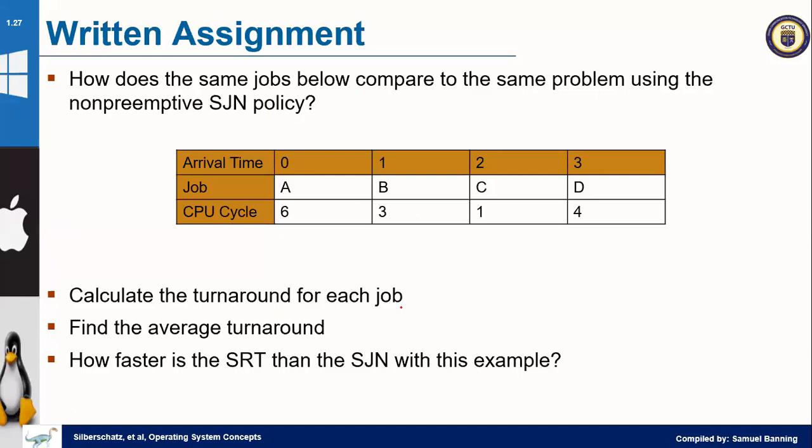Calculate the turnaround for each job, find the average turnaround, and how much faster is the shortest remaining time than the shortest job next. You have to work on this and submit in the portal.